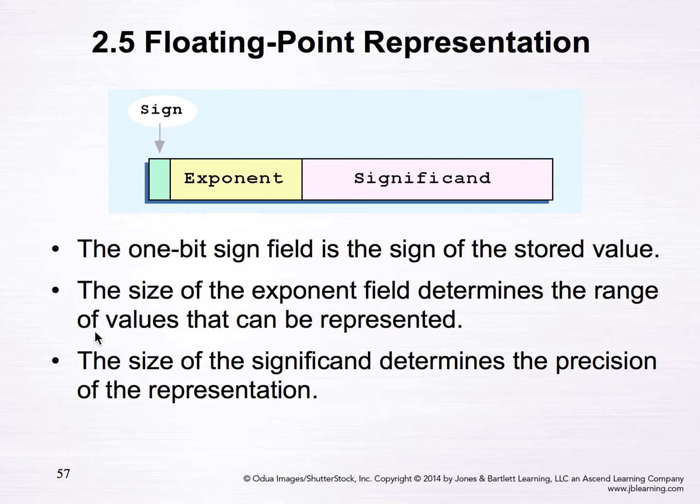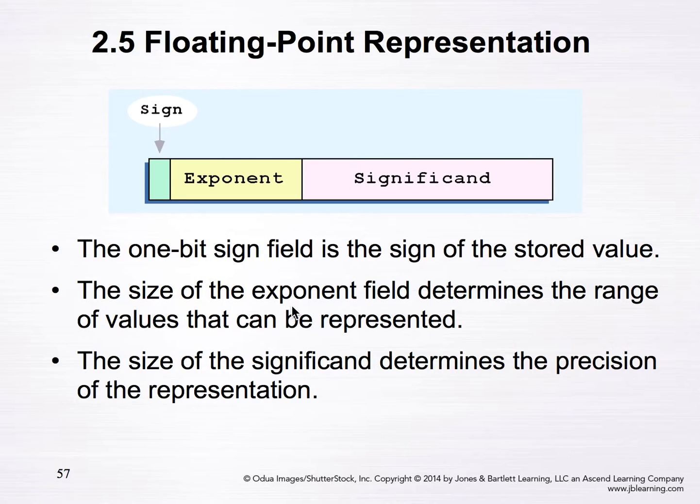The sign of the floating point representation is a 1-bit field used to store the sign of the number. Basically, if the number is positive, the sign equals 0, and if the number is negative, the sign equals 1.